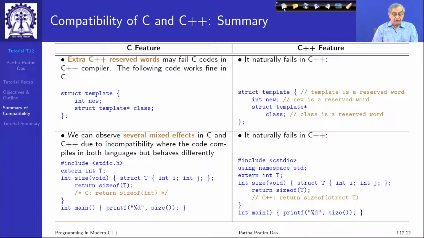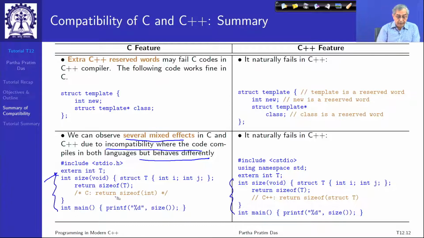And we can observe several mixed effects in C and C++ due to incompatibility of the code. So, both codes compile in both these languages. This is the code that we have given here, extern int t and so on. Now, if we look at it in C, what it is saying is int t, so t is basically a variable of type int.